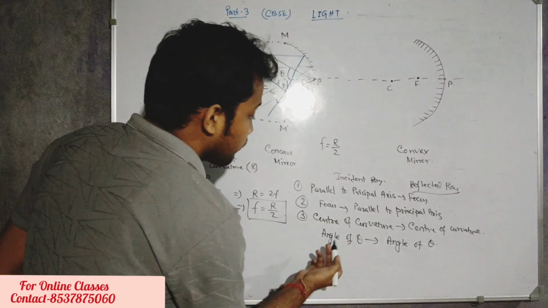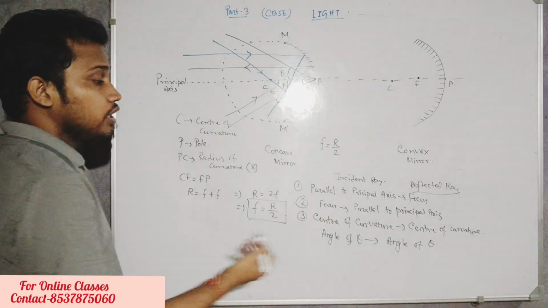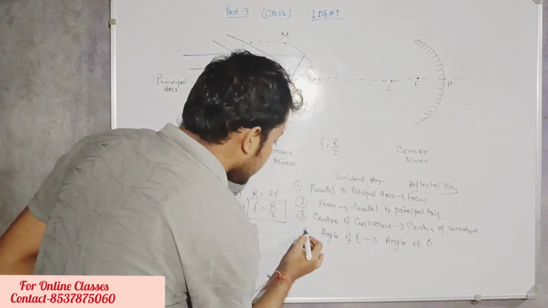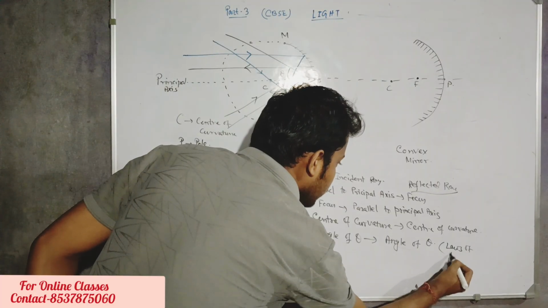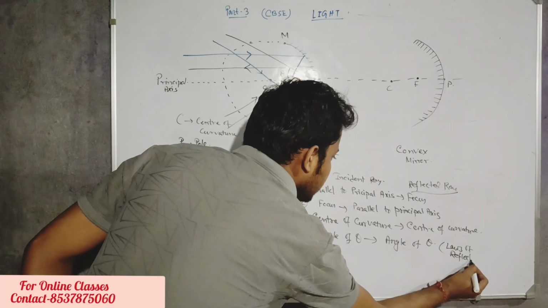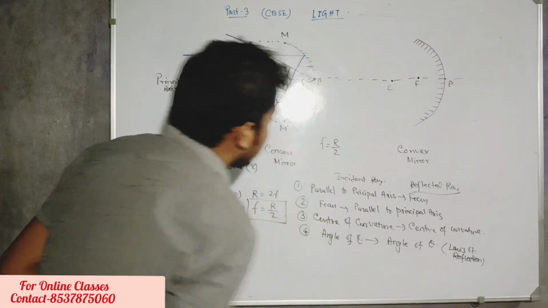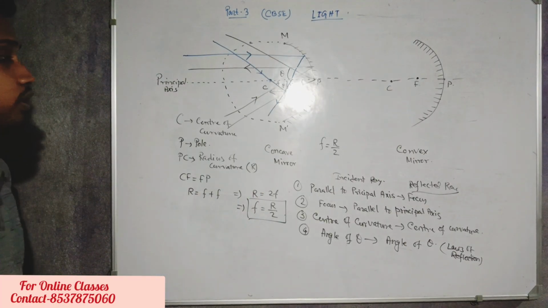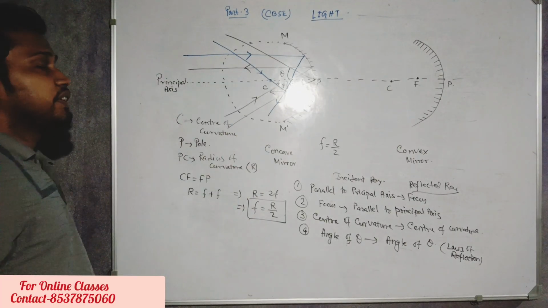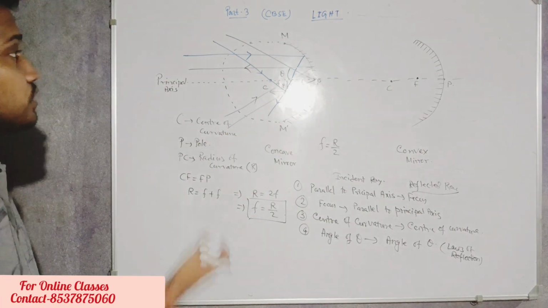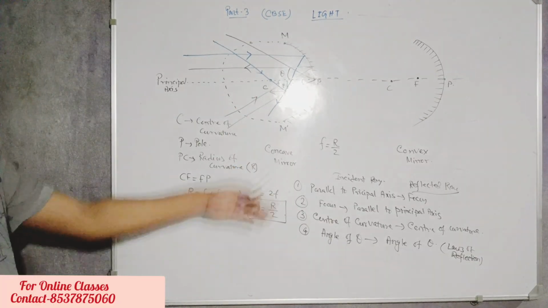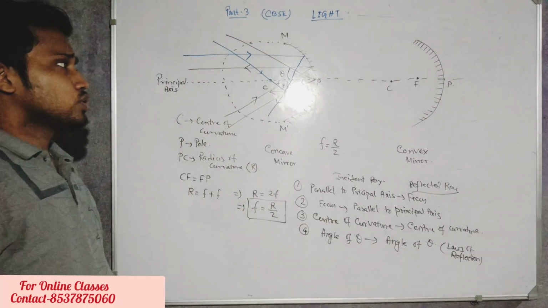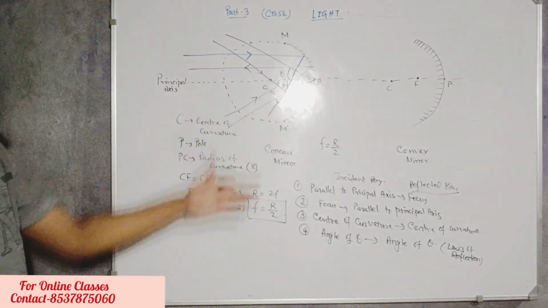And if a light ray comes at an angle of theta, it will be reflected back at the angle of theta, following the laws of reflection. These are the basic rules of incident ray and reflected ray when it comes to the spherical mirror. A similar case will happen for the convex mirror, so we don't need to go into that one.